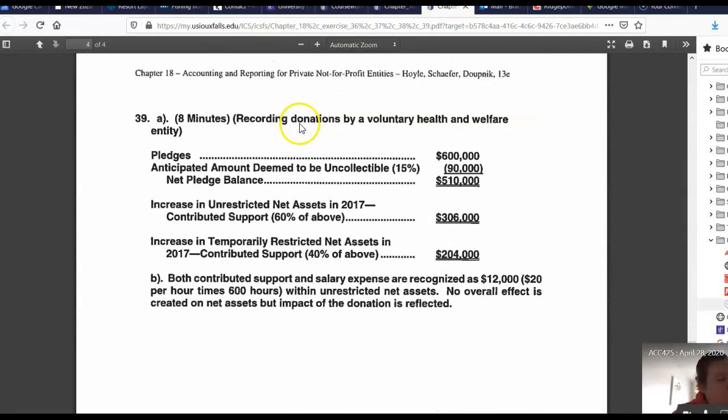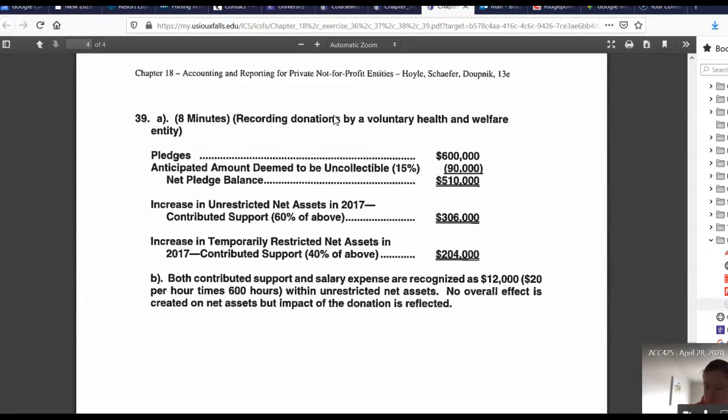Number 39, it reads here, Wilson is a private not-for-profit voluntary health and welfare organization. During 17, it received unrestricted pledges of 600 grand, 60% of which are payable in 17 and the remainder in 18. Officials estimate that 15% of all pledges will be uncollectible.